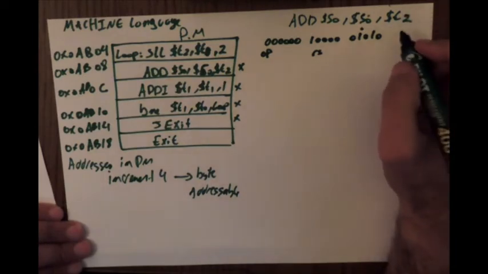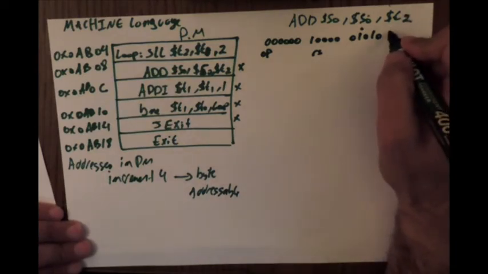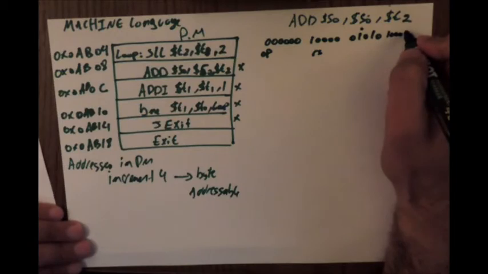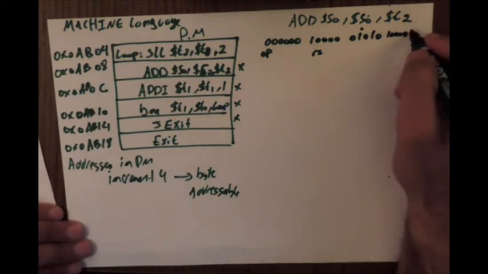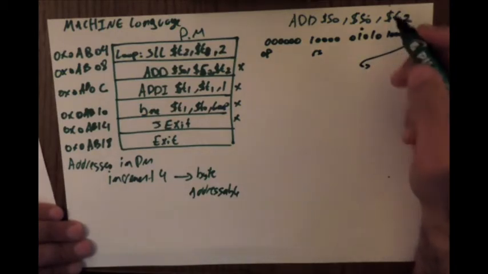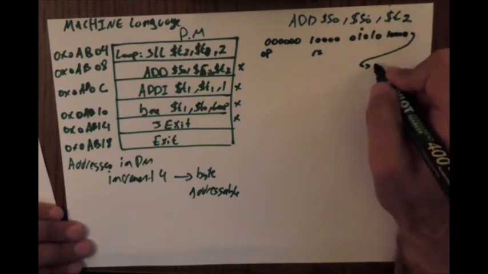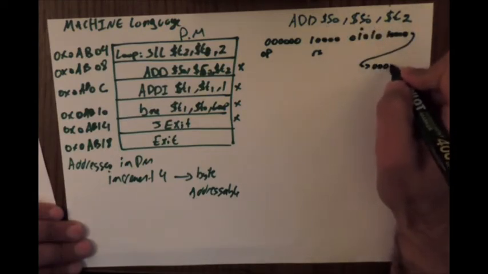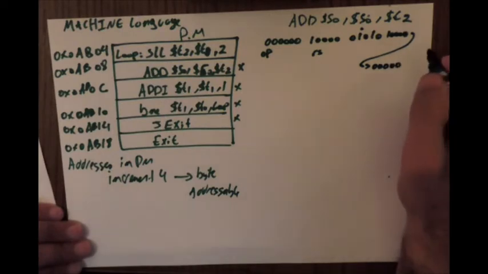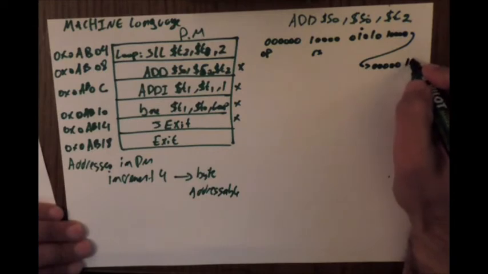And then we have the RD. It's also going to be 16. Then I'm going to continue here, the shamt, which is 5 bits of zeros. And then the function, which is 20 hex, is going to be 2, and we have 4 zeros.